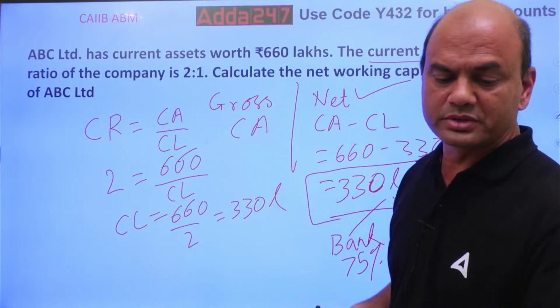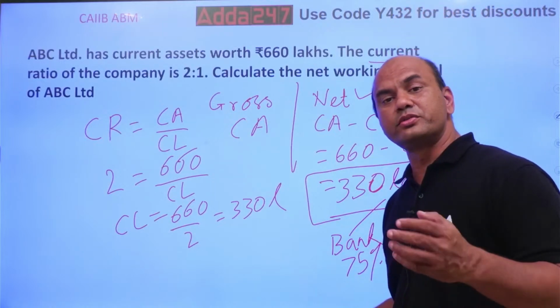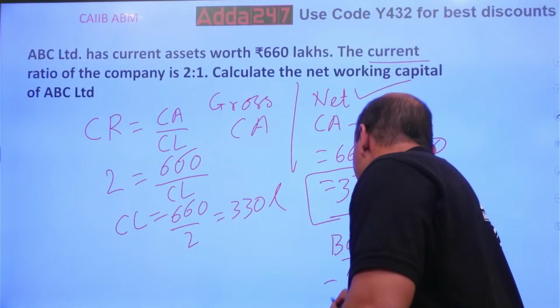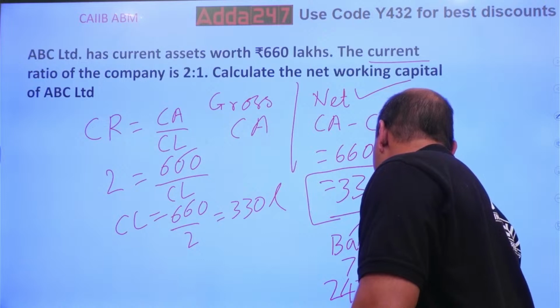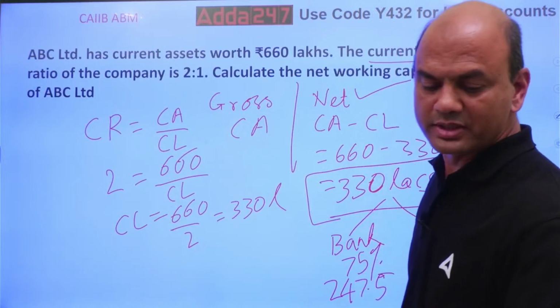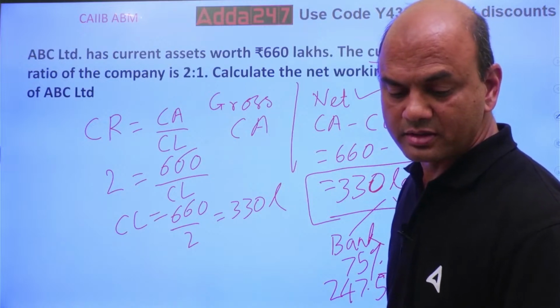Always try to use the calculator, because even the slightest mistake will cost you one mark. So it is 247.5, and the remaining is 330 minus 247.5. Even that I need to do on the calculator. 330.